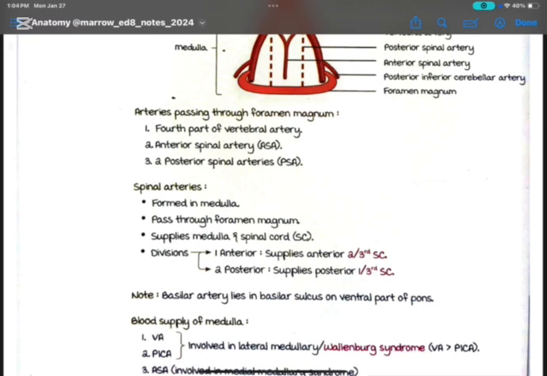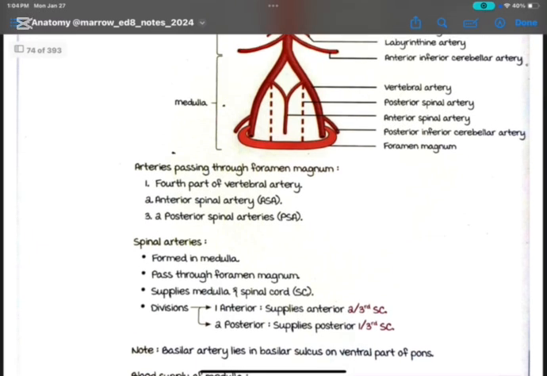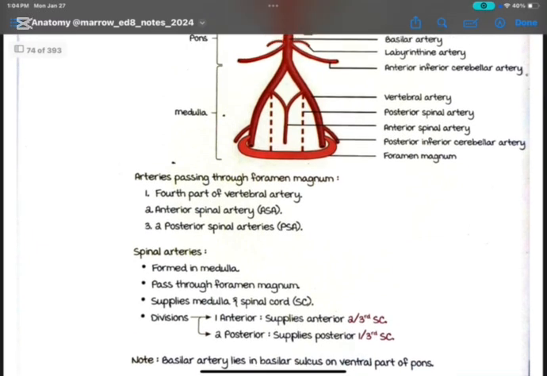Arteries passing through foramen magnum. Fourth part of vertebral artery. Anterior spinal artery and two posterior spinal arteries.